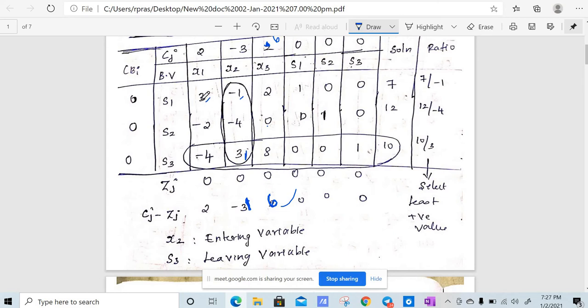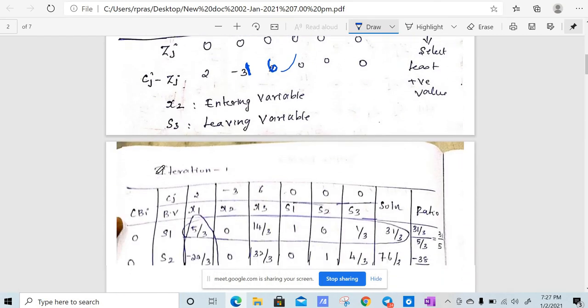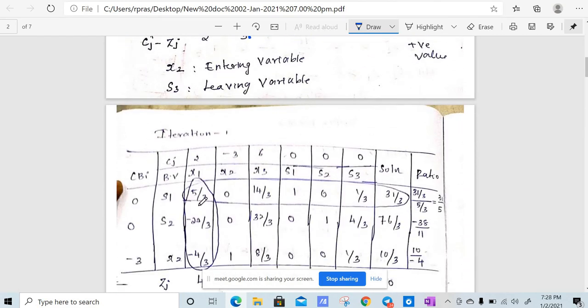Here you just need to add, because we have 1 here. If we add this row and this row, we will have 3 plus minus 4 by 3, because we have divided this entire row by 3. So 3 minus 4 by 3, 9 minus 4 by 3, which is 5 by 3, right? Yes. So we have 5 by 3 here.